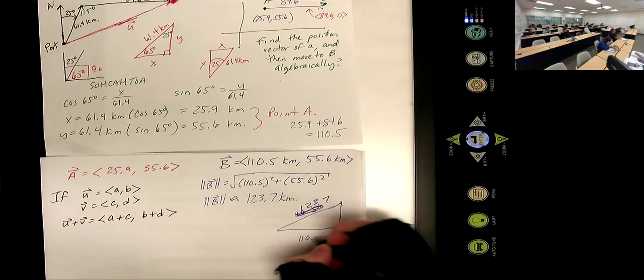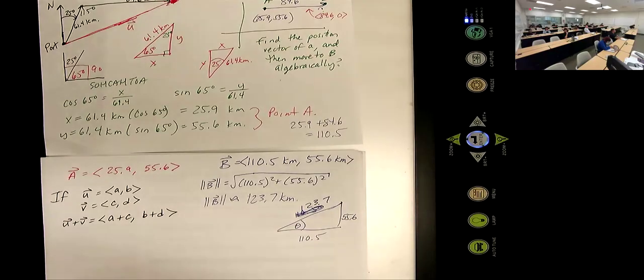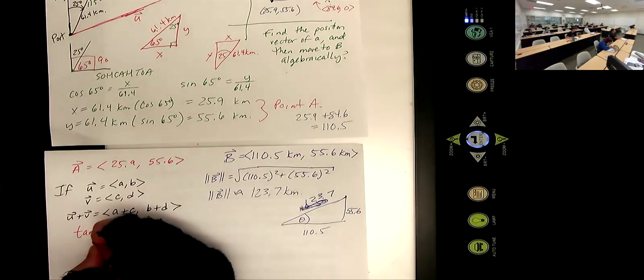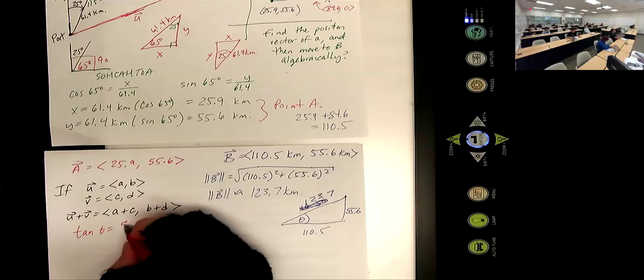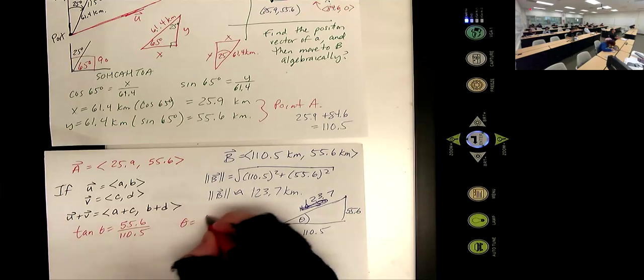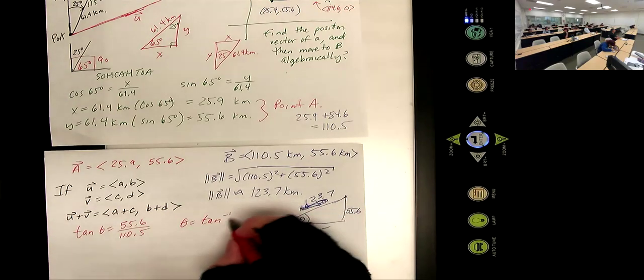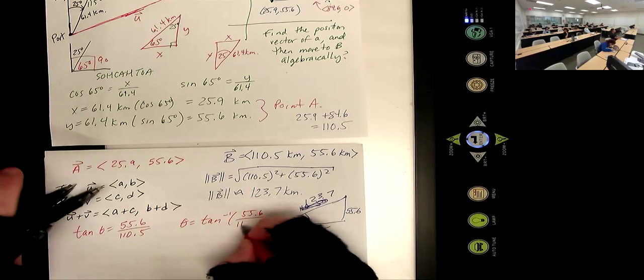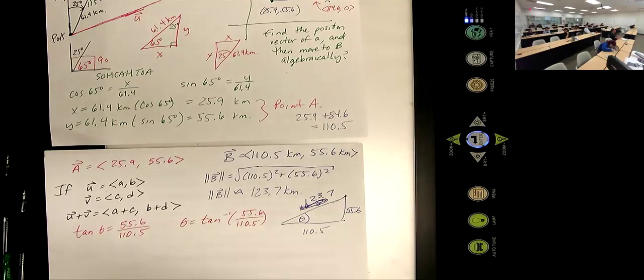That's 110.5, this is 55.6. We can find that angle by doing tangent theta equals y over x. It equals tangent inverse of that, which is about 26.73 degrees.